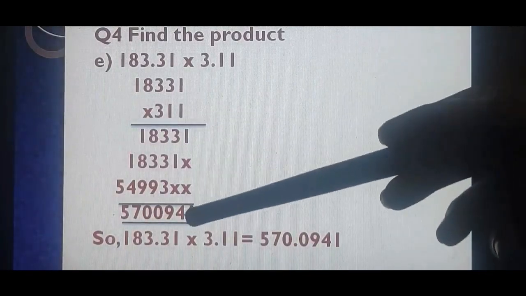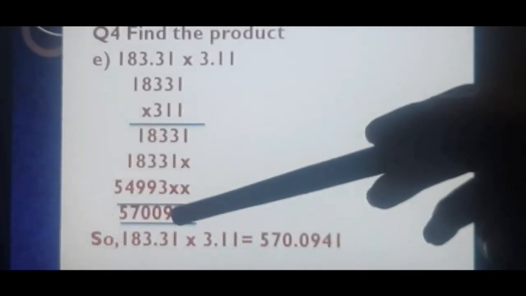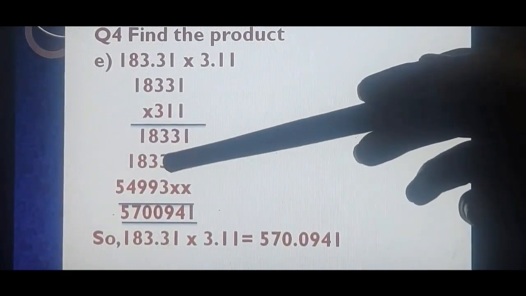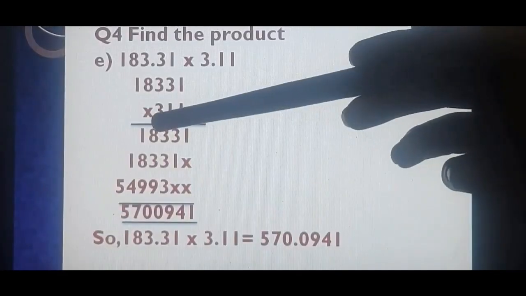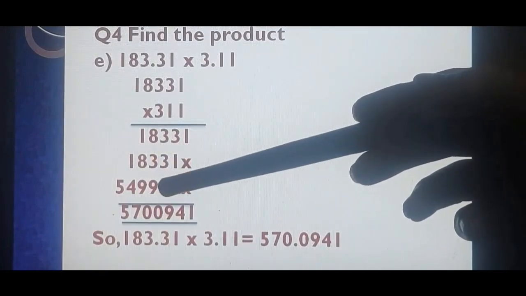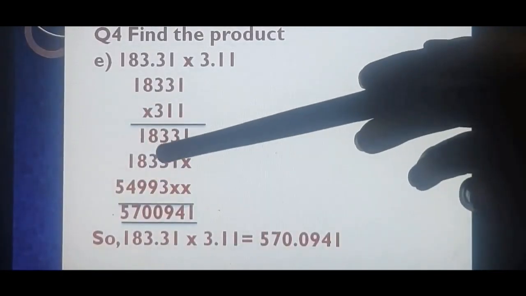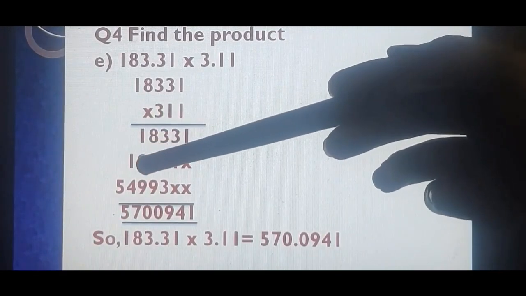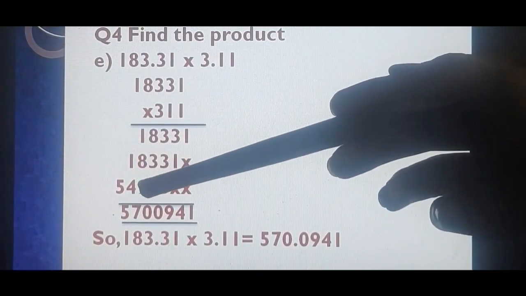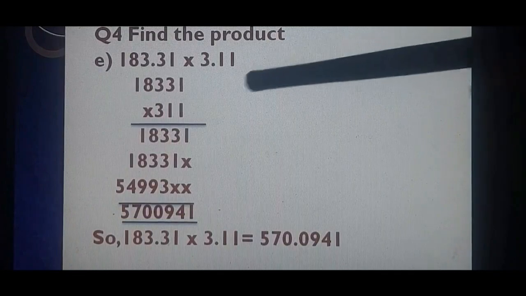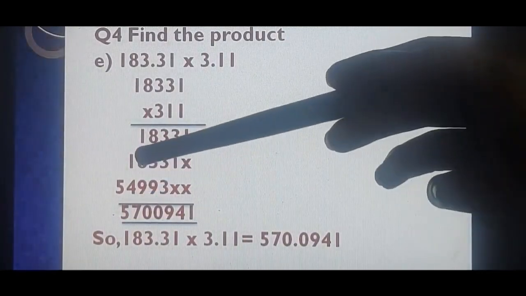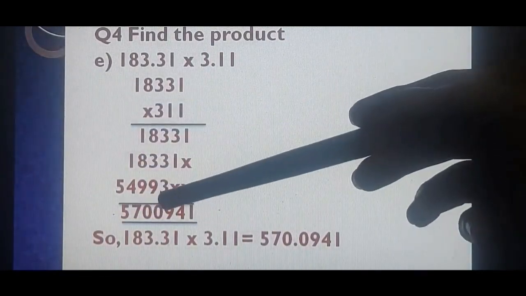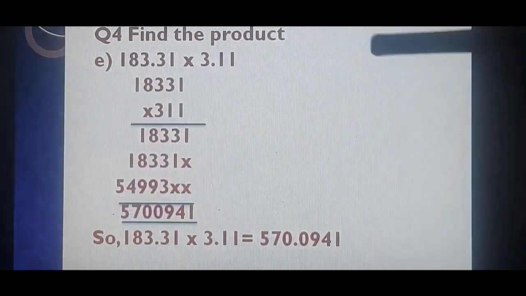Now do addition. 1 plus 3 plus 1, 4. 3 plus 3, 6. 6 plus 3, 9. 8 plus 3, 11. 11 plus 9, 20. 0, 2 will be carry. 1 plus 8, 9. 9 plus 9, 18. 18 plus 2, 20. 0, 2 carry. And then 4 plus 1, 5. 5 plus 2, 7. And 5.